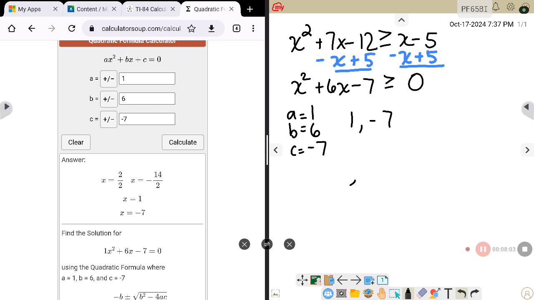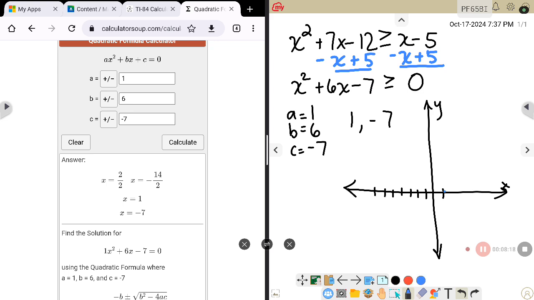Those are your x-intercepts. So there's an x-intercept at positive 1 and one at negative 7. Again, my x squared is positive, so I am opening up again.